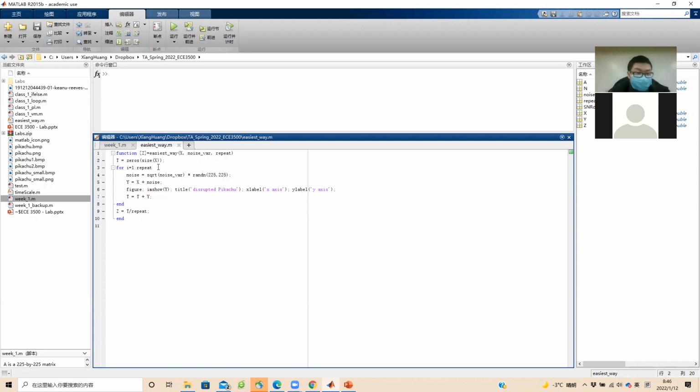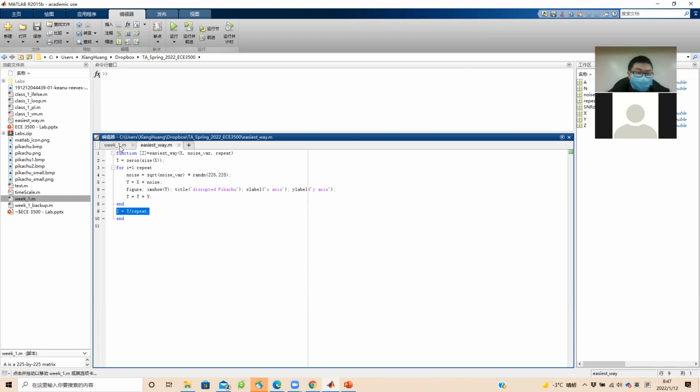And here I used a for loop to repeat transmitting our signals through the channel, do some showing, and then after I get all the images, I get the average value of all transmitted pictures.